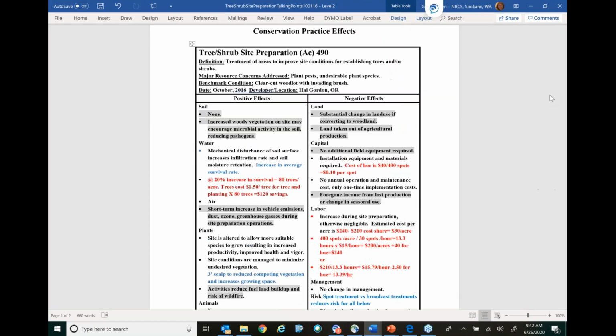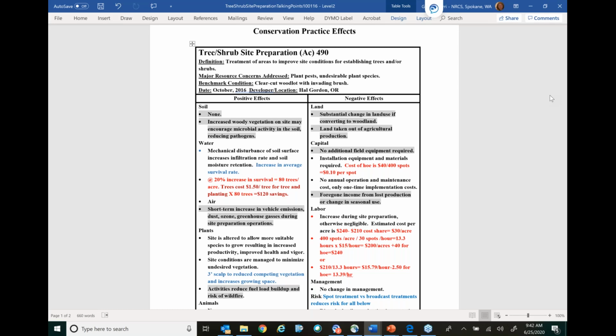So I went into these after I got rid of the items that I didn't think applied to the site, and I looked at them and I talked about, okay, if you're going to disturb the soil, and this is mechanical disturbance, but even if you do spot treatments like larger scalps, there's plenty of research out there that talks about how you can increase your average survival.